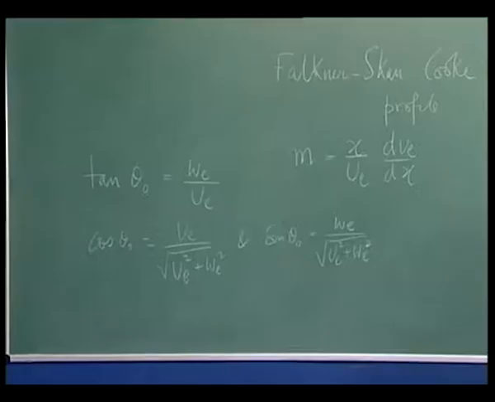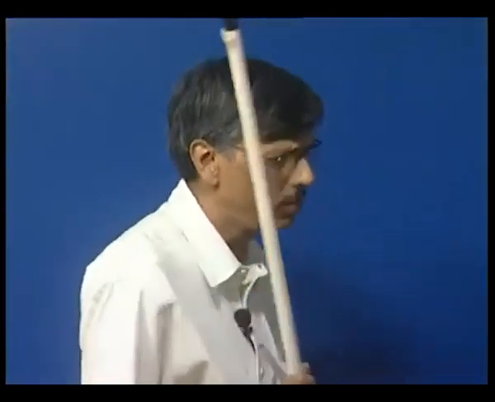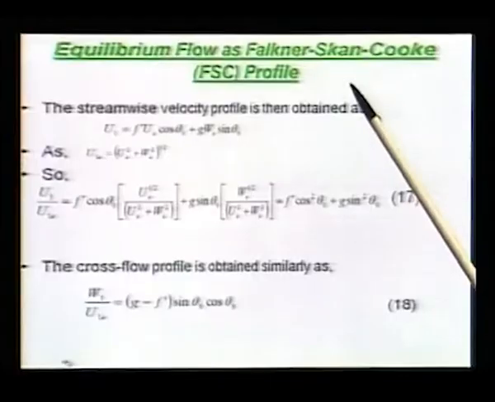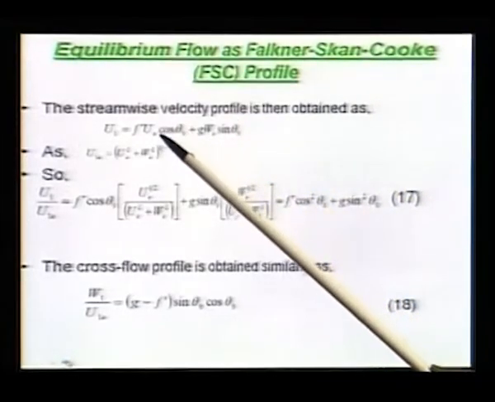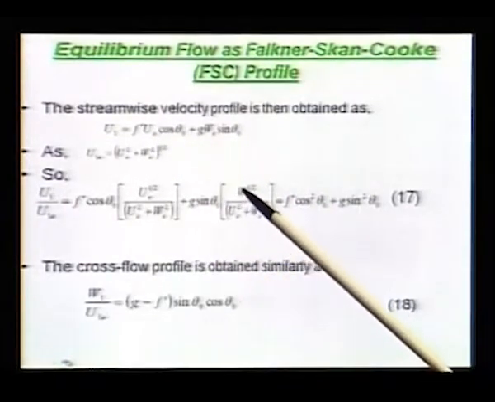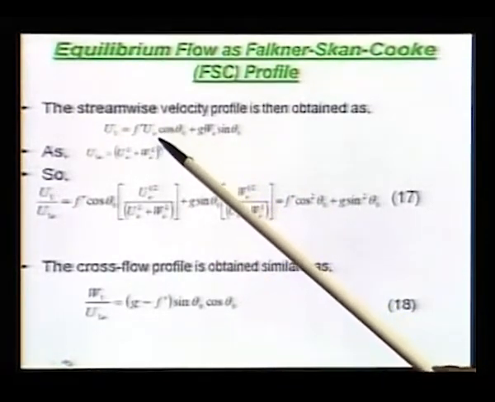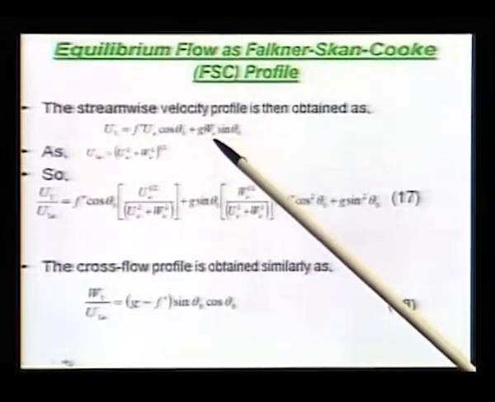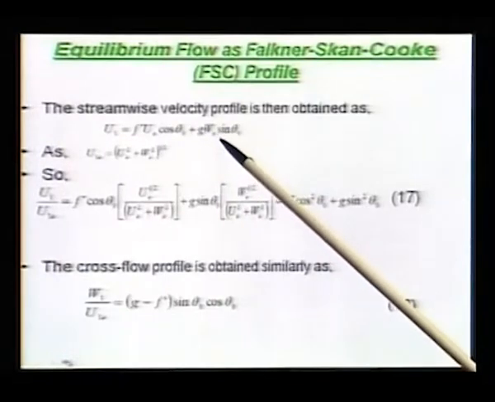Then we are going to get this. You can very clearly see that u of y is nothing but f prime times ue, because u by ue is equal to f prime. Then I have this cos theta naught, and w is nothing but g times we.